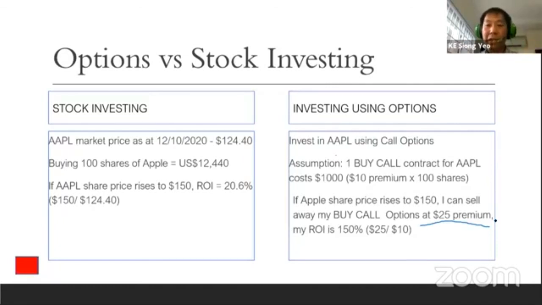One strategy you can use is to sell the option contract back to the market at 25 when you actually bought it at 10. Based on ROI calculation, you're getting a much bigger percentage return. So this is one of the beauties of options.